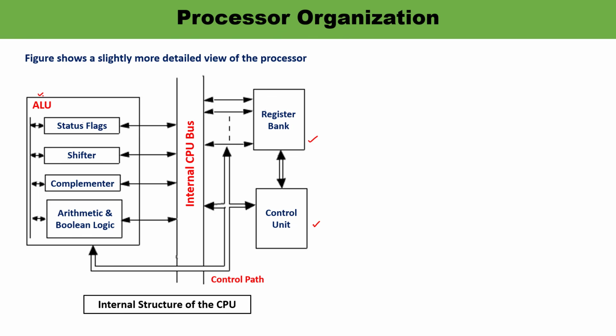One more thing you can observe is the internal CPU bus. This is used for data transfer between the various registers and the ALU, because the ALU operates on the data. So the data transfer is done with the help of this internal CPU bus only.